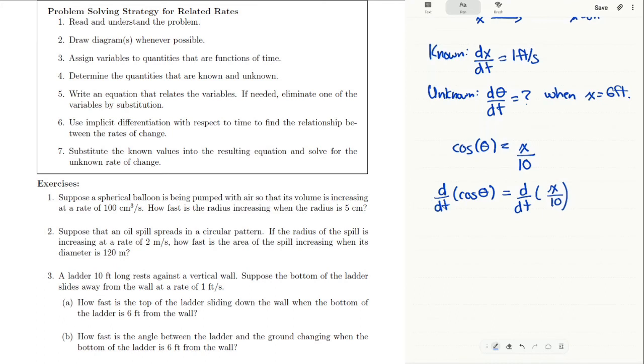So again, we need to remember to use chain rule. The derivative of cos is negative sine. Then we multiply by d theta over dt. And the derivative of x over 10 is 1 over 10 times dx over dt.